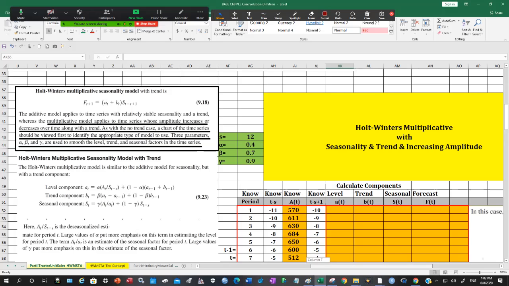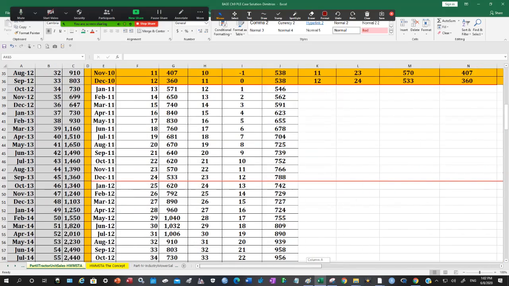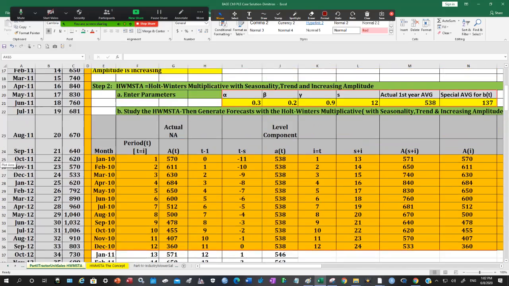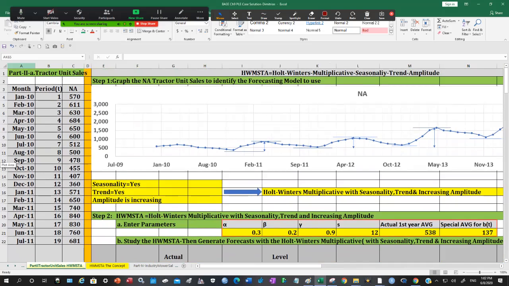I'm going to go to the data. The data is made up of the month column, in gray. These are the tractor unit sales of the PLE, Performance Loan Equipment Company. The three columns that we will consider to do this graph are the month, the period, and NA. We will actually use the month and NA.